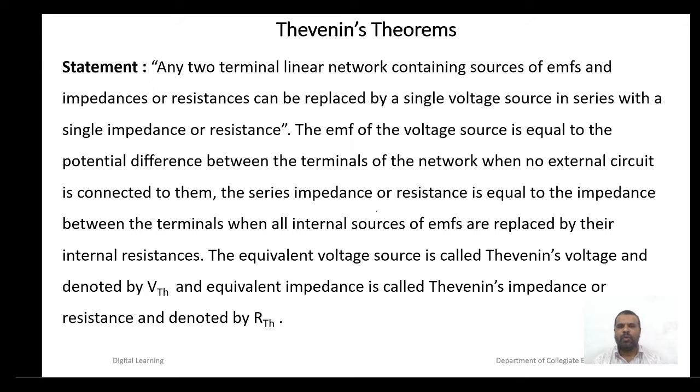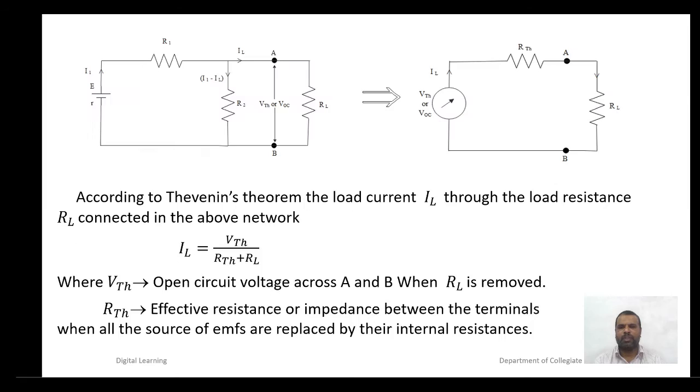The equivalent voltage source is called Thevenin's voltage and is denoted by VTH, and the equivalent impedance is called Thevenin's impedance or resistance and is denoted by RTH.